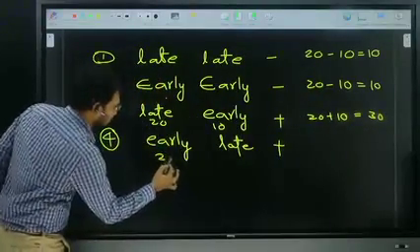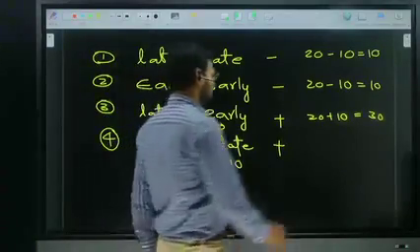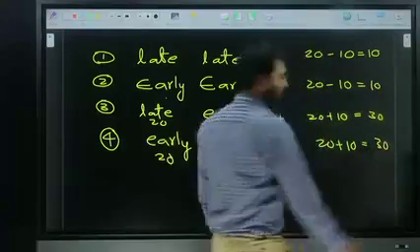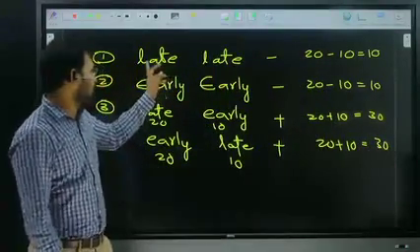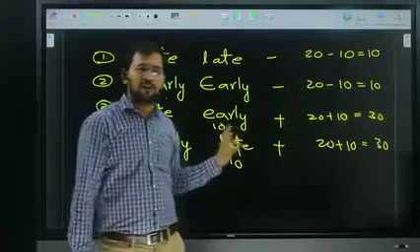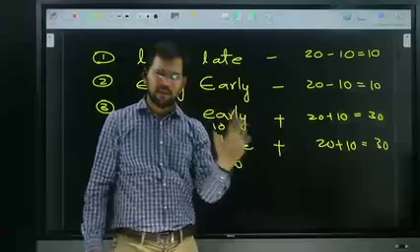If they give 20 minutes early and 10 minutes late, plus only, 20 plus 10, 30. So if they give the same sign, take subtraction, and if they give opposite sign, take plus. Very good. This model is very, very important.